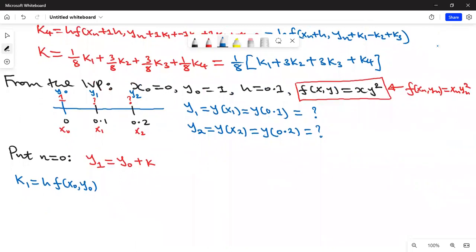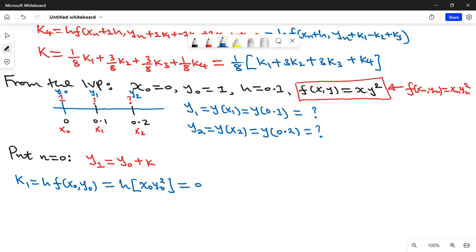But look at our definition of f of x, y. It is x y squared. So when I talk of f of x naught, y naught, where there is x, I'm going to put x naught, and where there is y, I'm going to put y naught. So this will give us h into x naught times y naught squared.